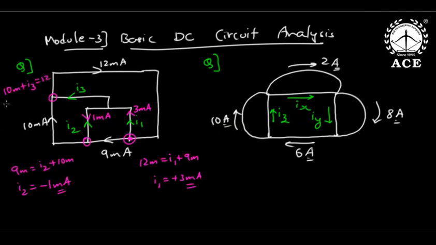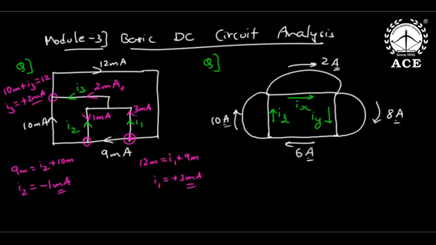So I3 is plus 2 milli. Finally, I1 is 3 milliampere, I2 is minus 1 milliampere, and I3 is plus 2 milliampere. A plus answer confirms the given reference direction is the practical direction, but a minus answer confirms the actual direction is opposite to the reference.